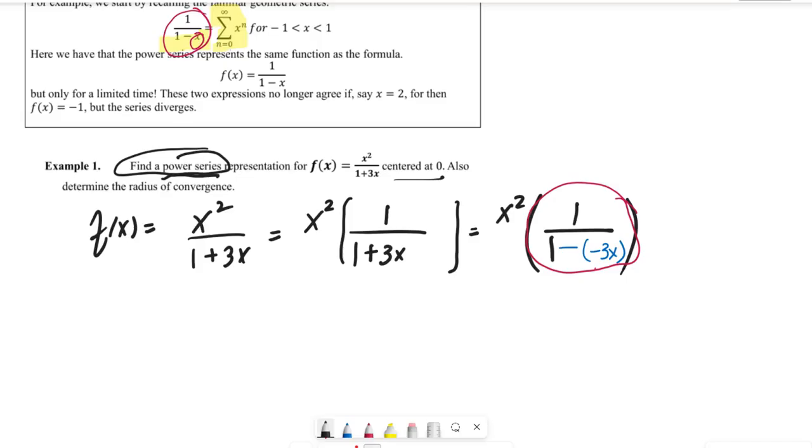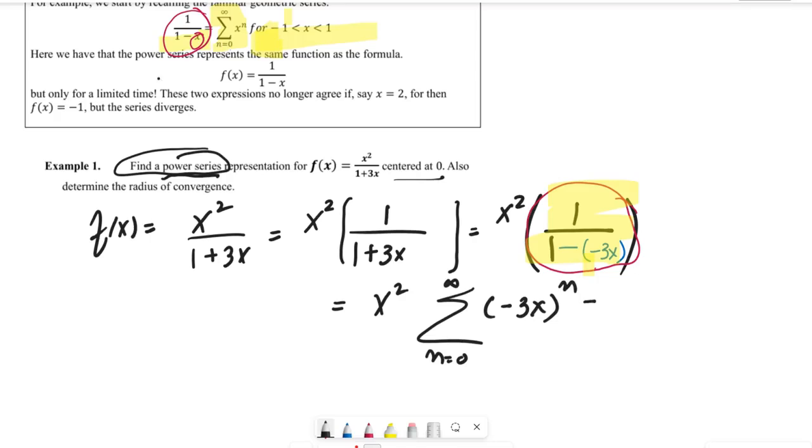So using that, x squared is outside, but this portion, using our given example, can be written as sigma n from 0 to infinity. In place of x, what can we write? Negative 3x to the power n.